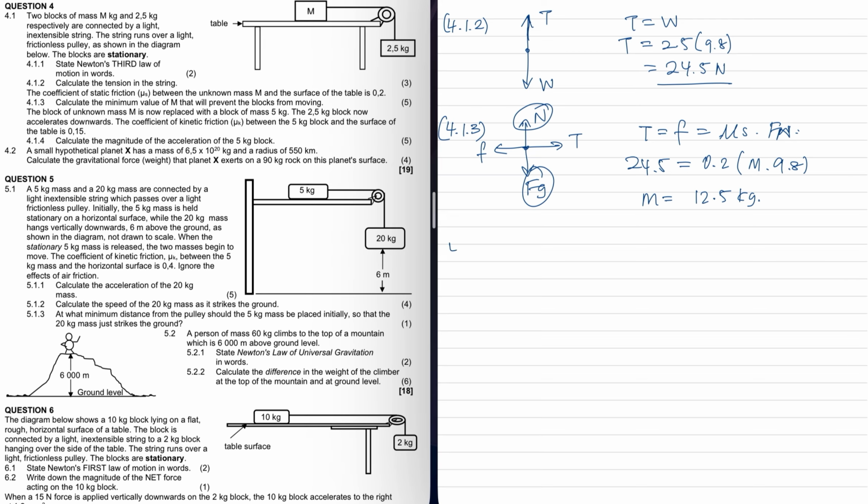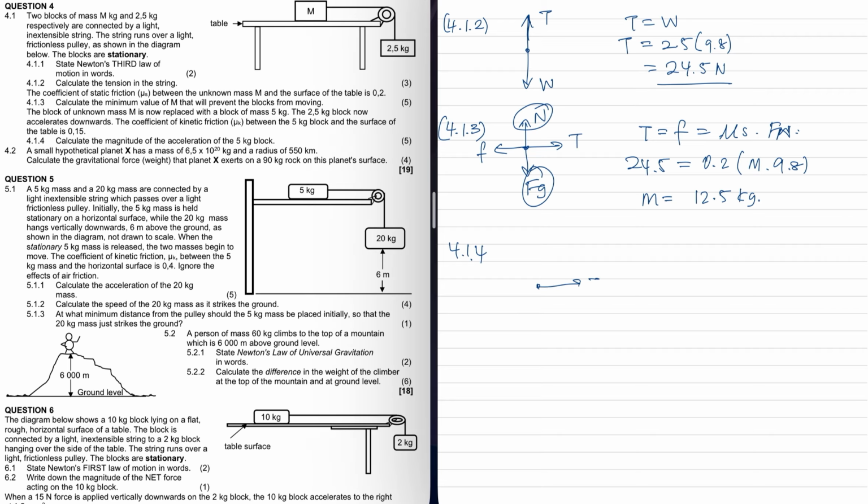The next part, 4.1.4: the block of unknown mass m is now replaced with a block of mass 5 kilograms. The 2.5 kilogram block now accelerates downward. The coefficient of kinetic friction between the 5 kilogram block and the surface of the table is 0.15. Now here, I'm going to draw free body diagrams again.